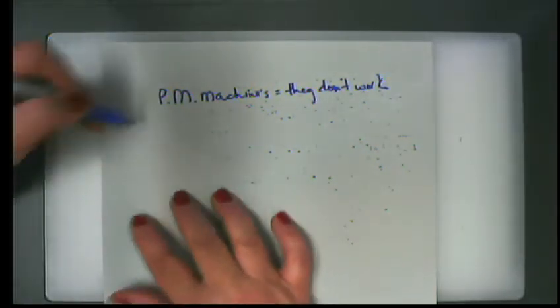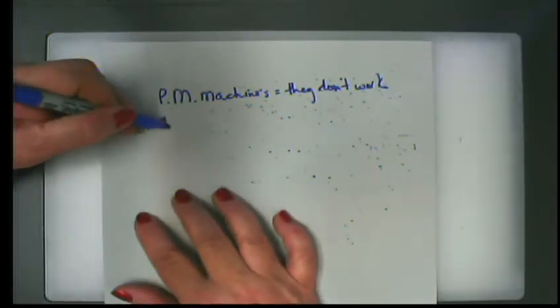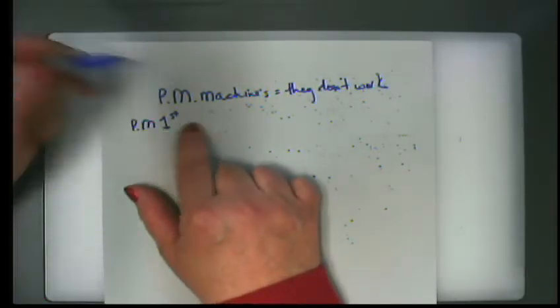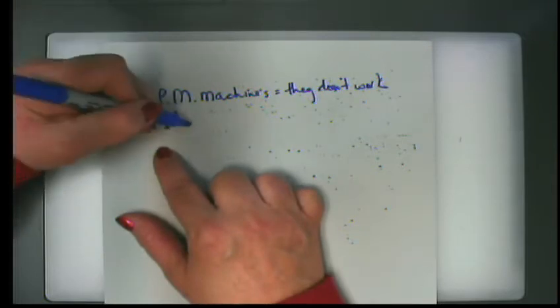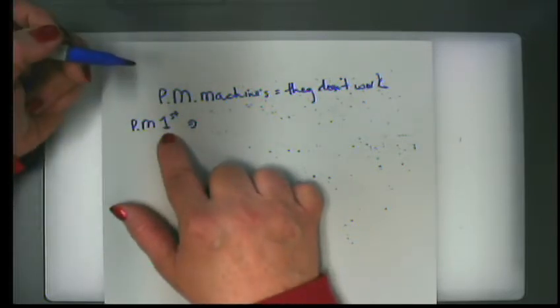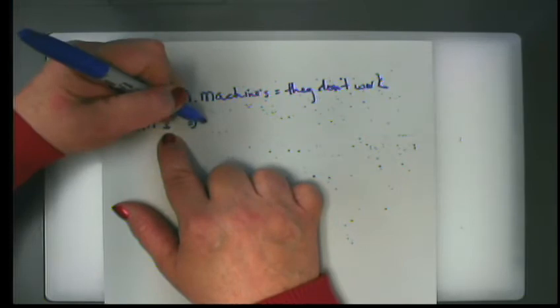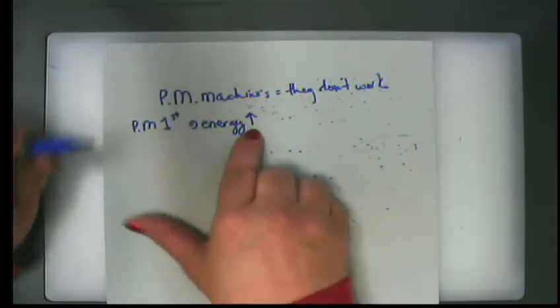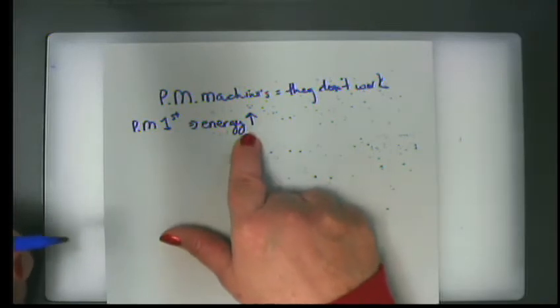There's a perpetual motion machine of the first kind. The first law of thermodynamics is that energy is conserved. The perpetual motion machine of the first kind is one where energy is created in a process.